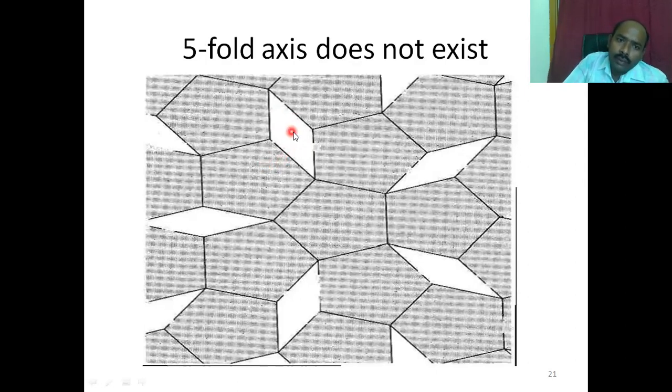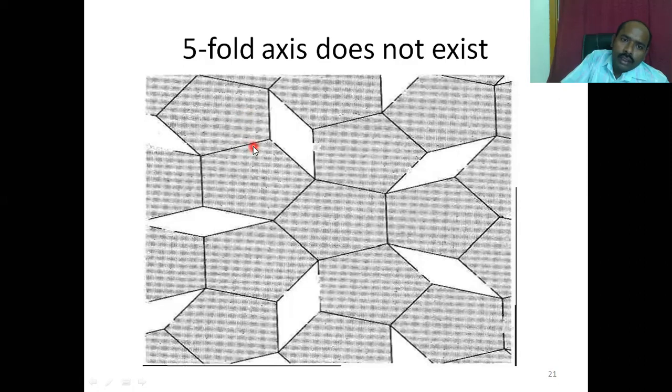In 2D we say plane, in 3D we call it space. These black ones are filled, and this one is unfilled, and we cannot keep one more such shape here. It is smaller in dimension, and it has only four sides.